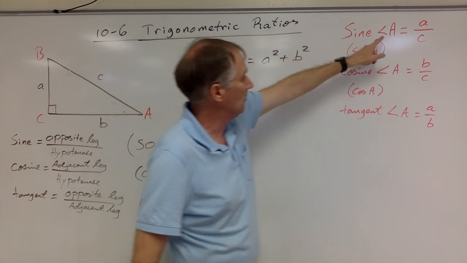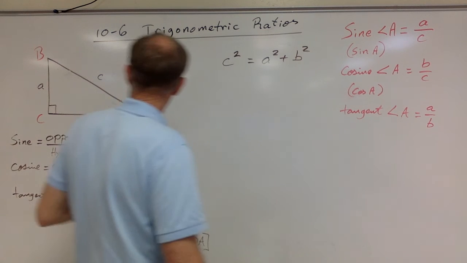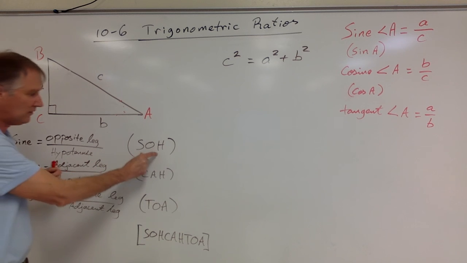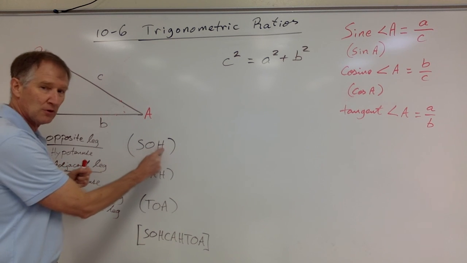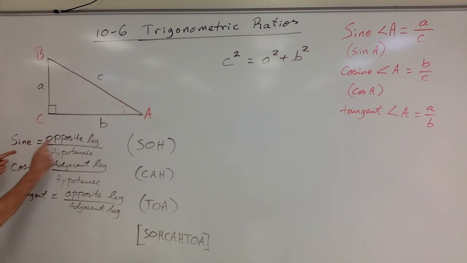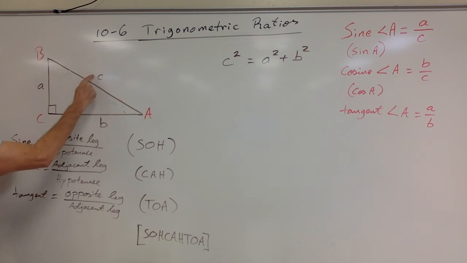So the sine of angle A is the length opposite the angle all over the hypotenuse. Sine is always opposite over hypotenuse. We can abbreviate that: sine is opposite over hypotenuse. Sine of A is the opposite length over the hypotenuse.